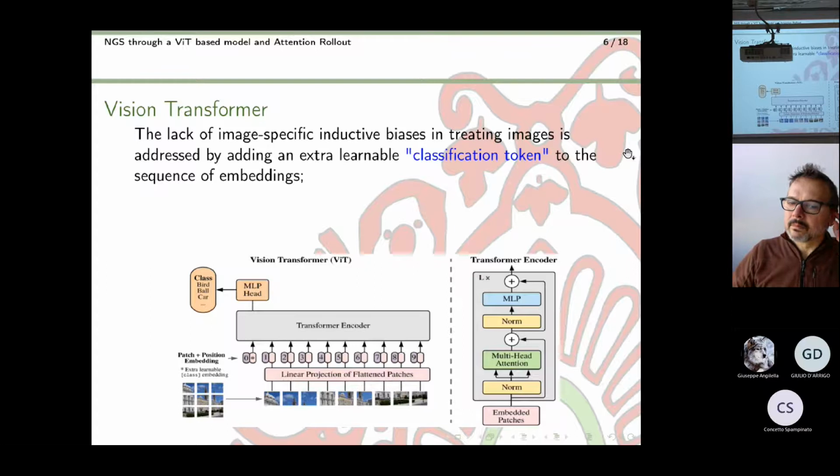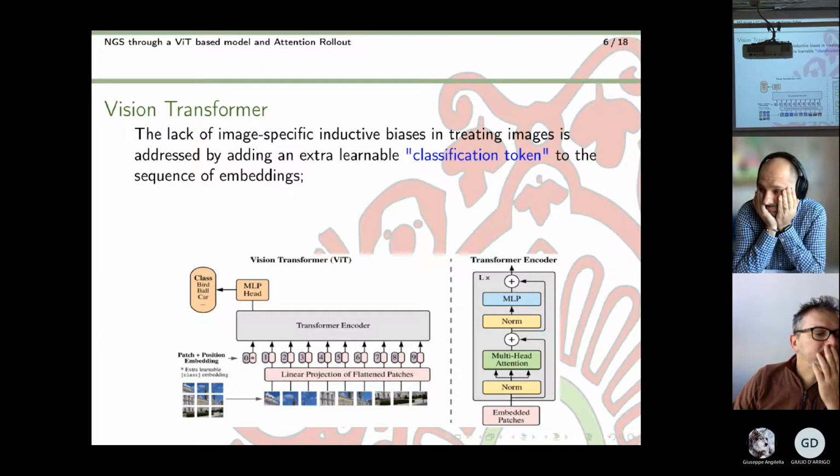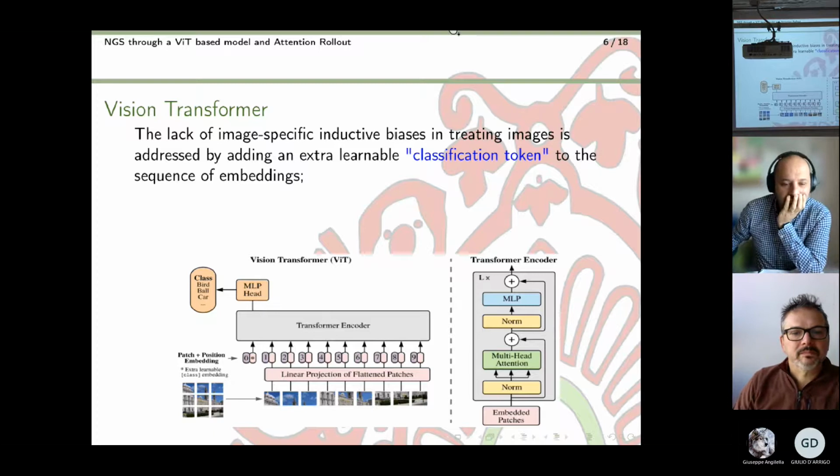A point that may raise some doubt about the actual effectiveness of a vision transformer is that, as you may have noticed, we didn't use any convolutions, because convolutions are largely used when dealing with images, but this time we are not using any convolutions at all. And this is because we take into account the image-specific data biases by adding an extra learnable classification token, addressing the problem in a very similar way to what happened in the BERT architecture, for instance.